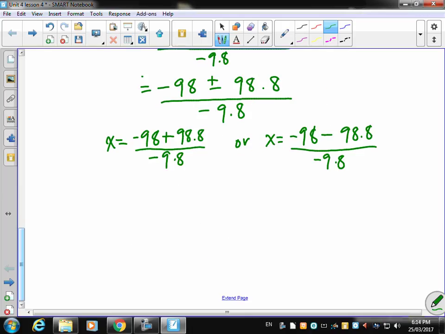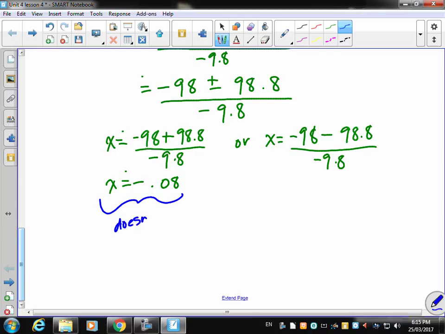Okay, on the top, I have negative 98 plus 98.8 is 0.8, divided by negative 9.8 is negative 0.08. That one doesn't make sense in terms of the problem.